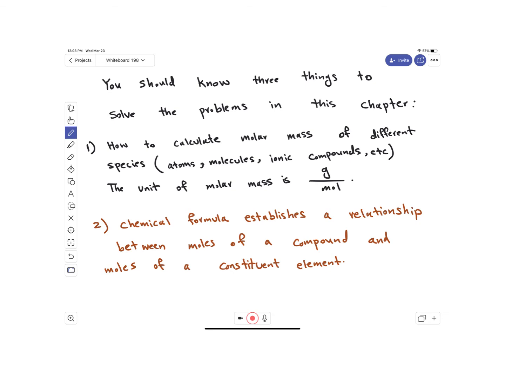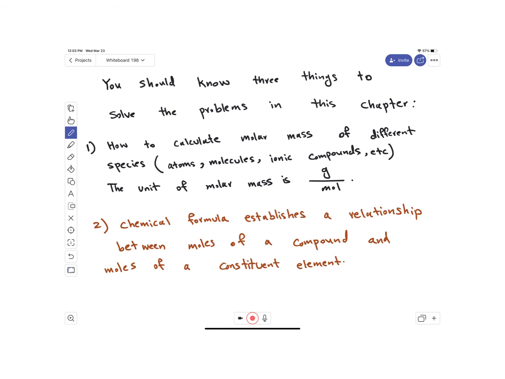If you have a compound, you calculate formula mass. So you count the number of atoms in the compound and multiply by their atomic mass unit, which is basically their molar mass as well. Formula mass has a unit of AMU, but molar mass has a unit of gram per mole.